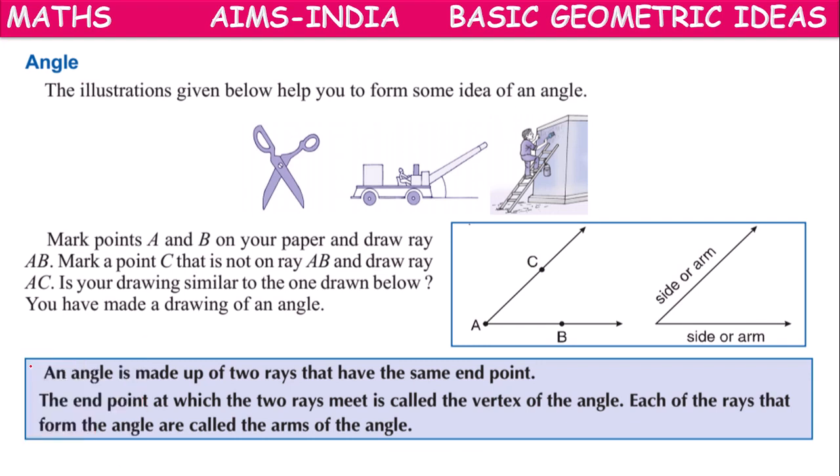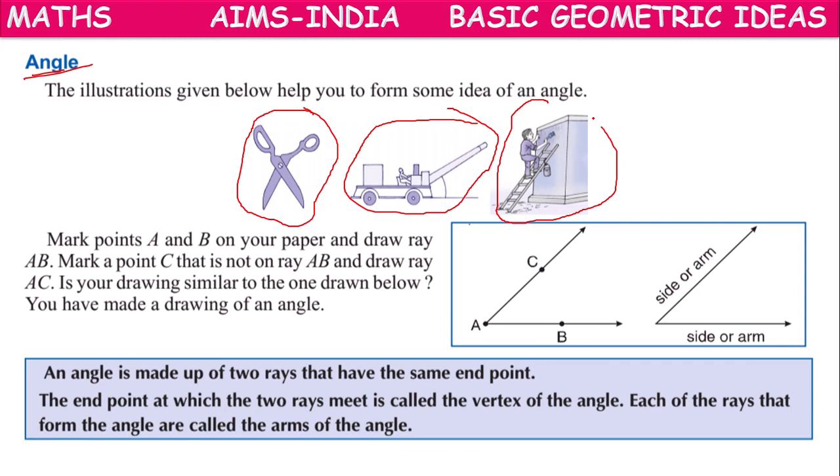So our today's concept is regarding angle, children. Here they give some illustrations like scissors, a crane for lifting objects, and a ladder with the help of which this person is doing painting. If you observe these illustrations, this is one hand of the scissor, this is the other hand of the scissor.